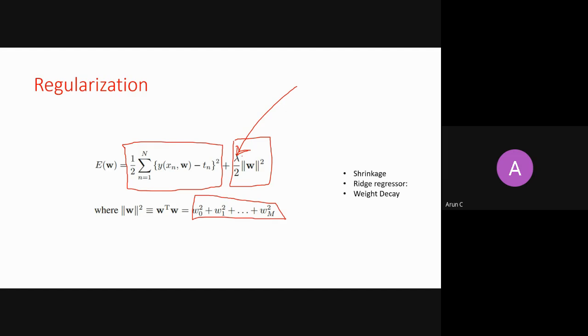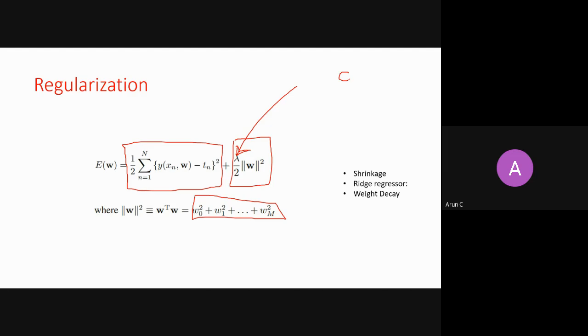So it is a parameter of a parameter, and we call this kind of parameter a hyperparameter. Lambda is a hyperparameter here, because it controls the complexity of a model.